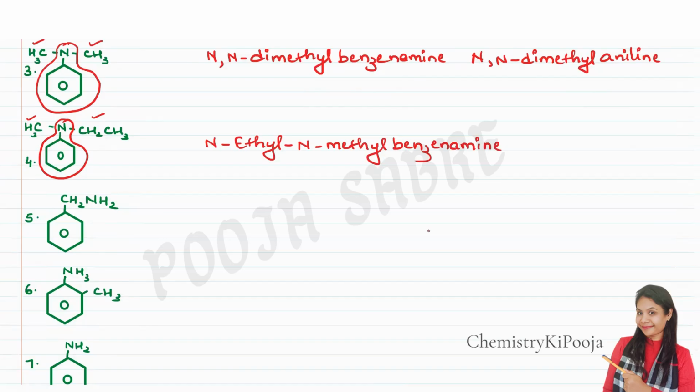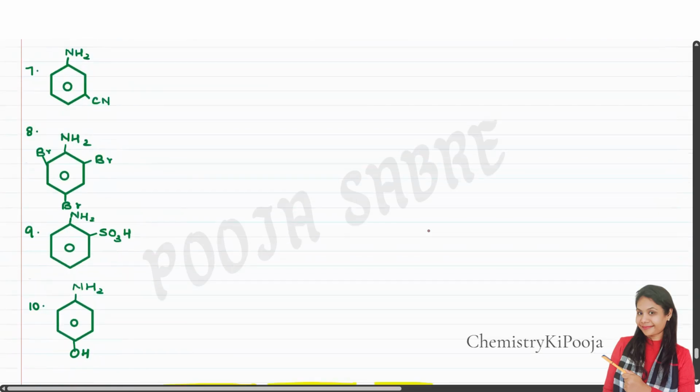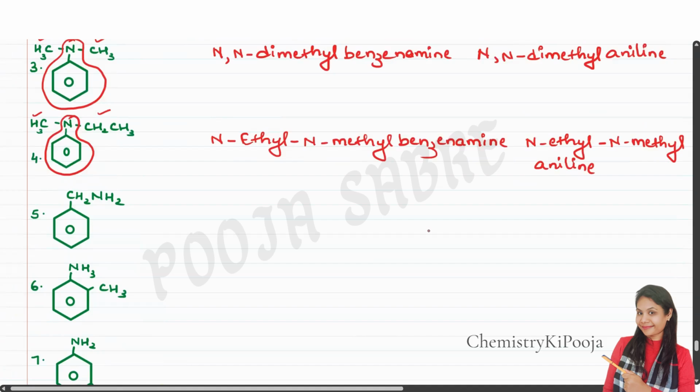While writing the common name, it is the same way: N-ethyl, then N-methyl, and finally you write aniline. Clear? Everything is of a similar type, students, and there are a few more questions we are going to solve.